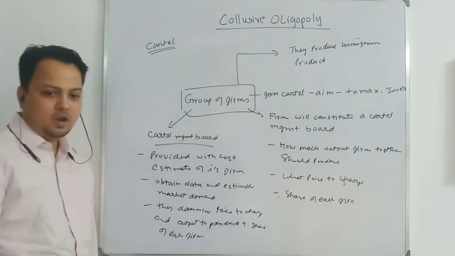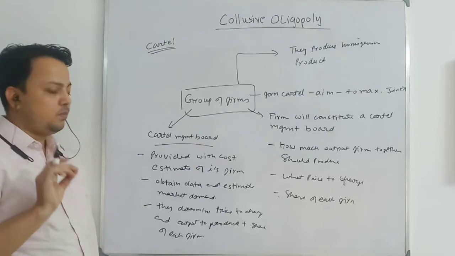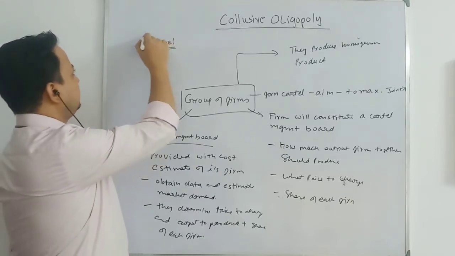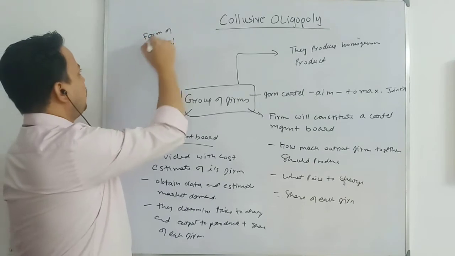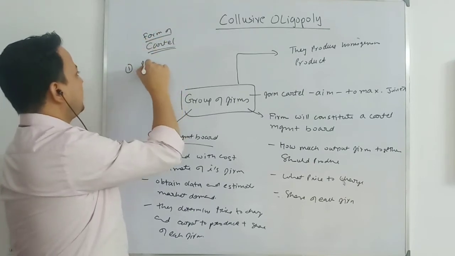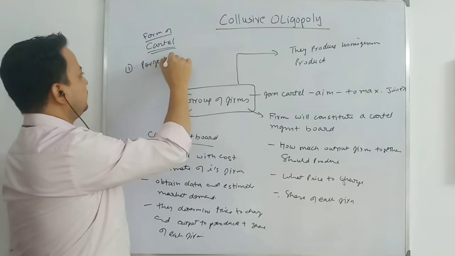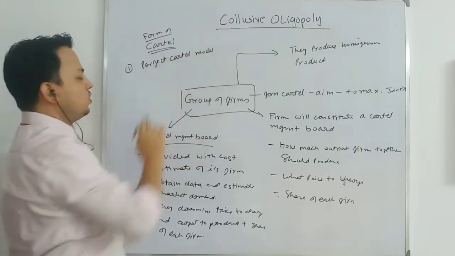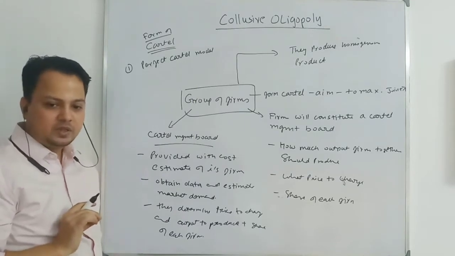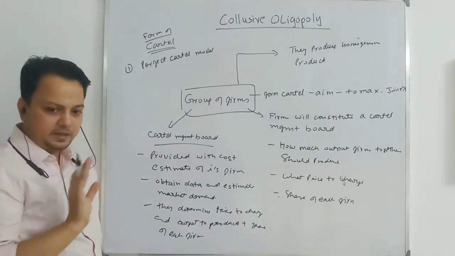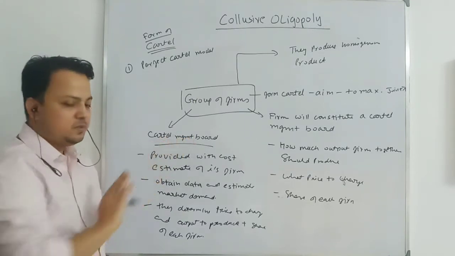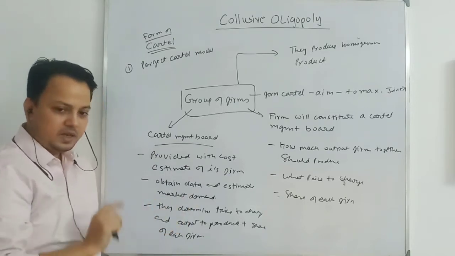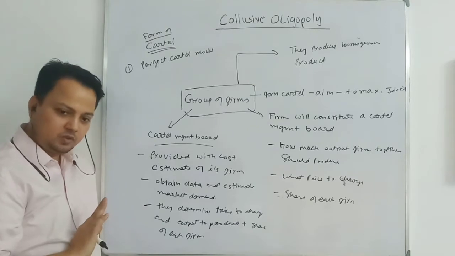Now coming to the forms of cartel. One form of cartel I will talk about is the perfect cartel model. In the perfect cartel model, firms give complete right to this cartel management board to determine market share, price and output in the industry.